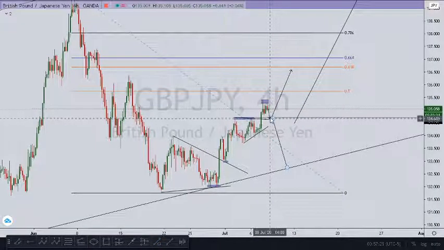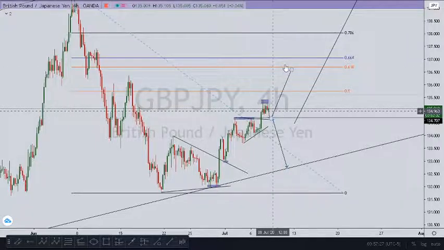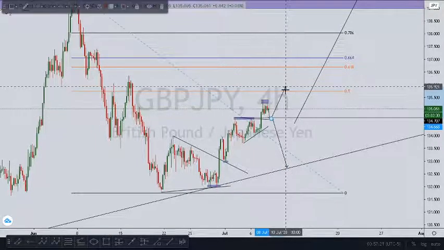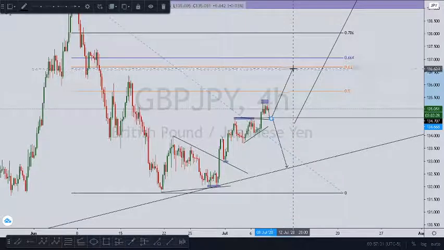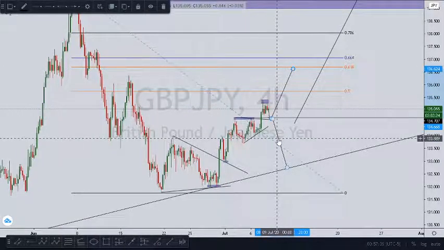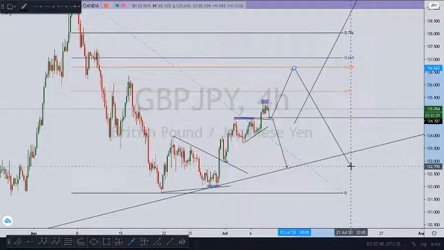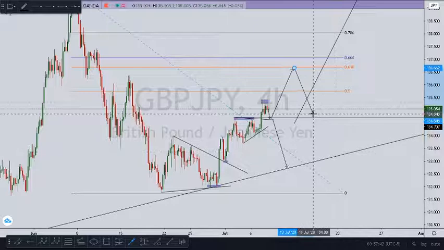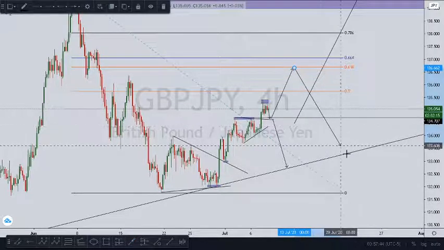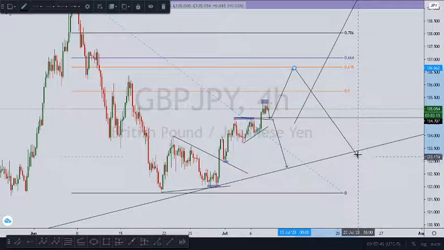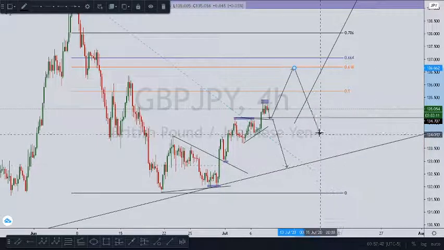We may have a pullback to the support, rejection to either the 50 or the 61.8, and then we may have price from that point on reject down to either this new support, if it breaks that, to this support, and if it breaks that, a retest for a continuation down.